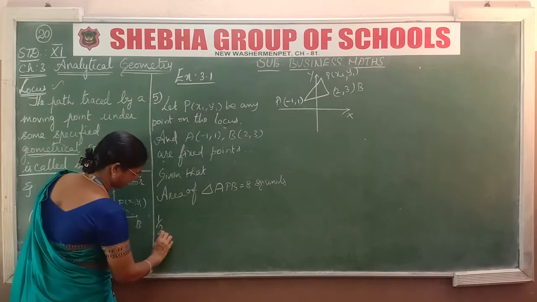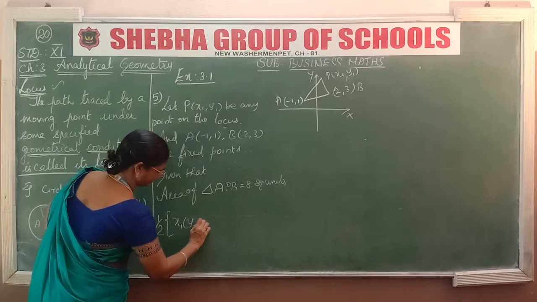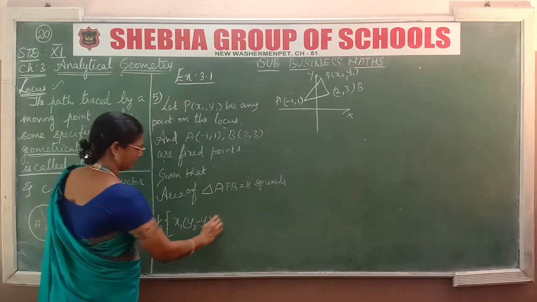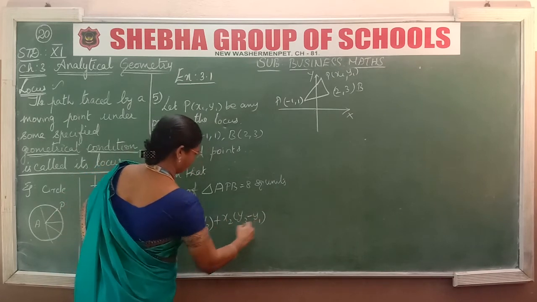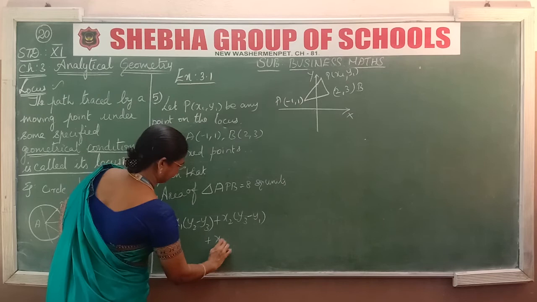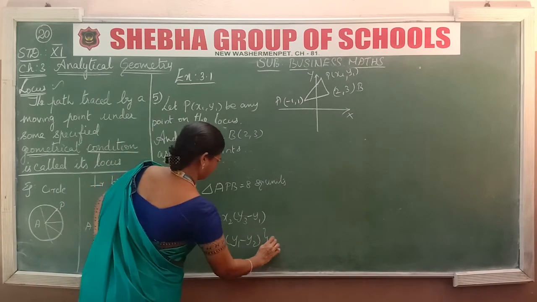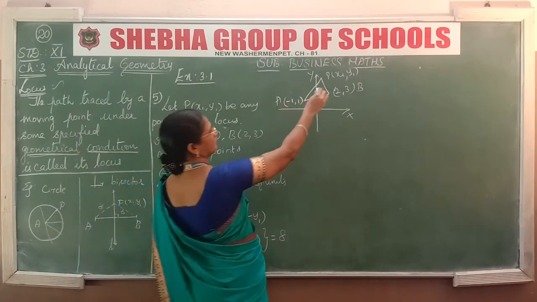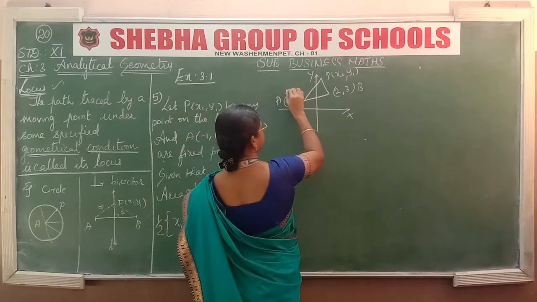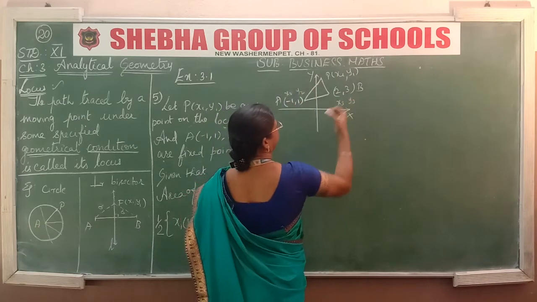Our formula is half into x1(y2 − y3) + x2(y3 − y1) + x3(y1 − y2) equal to 8. This is given. And look at the board. This is our (x1, y1). Take this as (x2, y2) and this as (x3, y3).